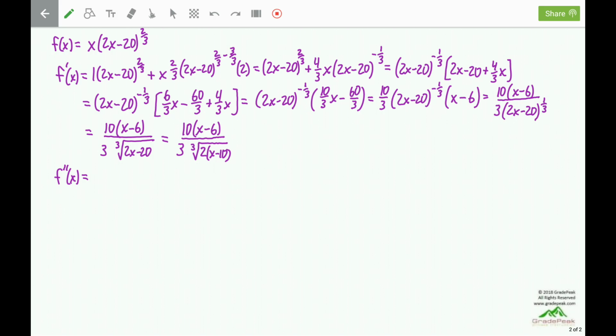The 10/3 will come along with it. So we have the 10/3. We have the derivative of the first, which is a power rule. Bring the power down, negative 1/3. Leave the inside alone, 2x minus 20. Subtract 1 from the power, I will call that 3/3, and then multiply by the derivative of the inside to complete the chain rule.